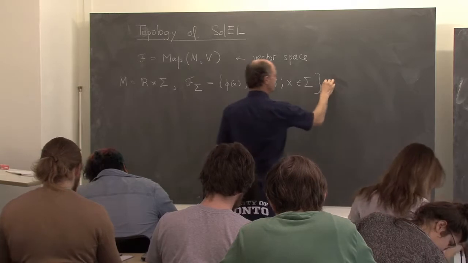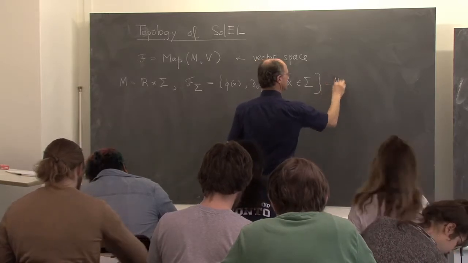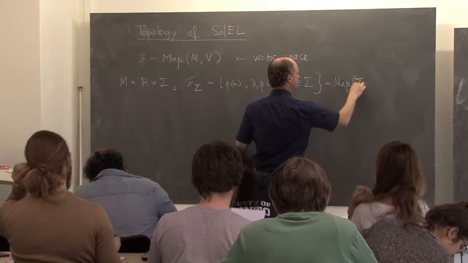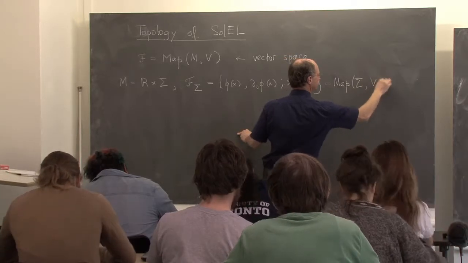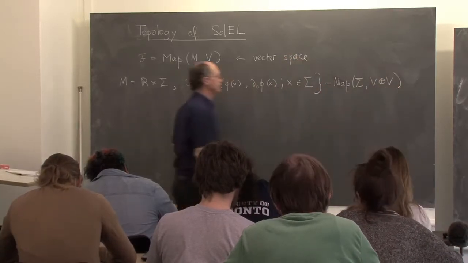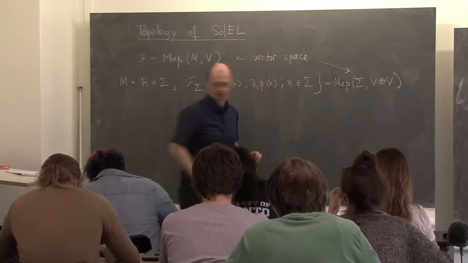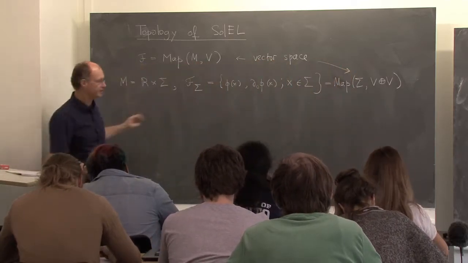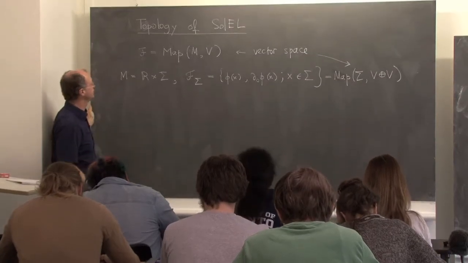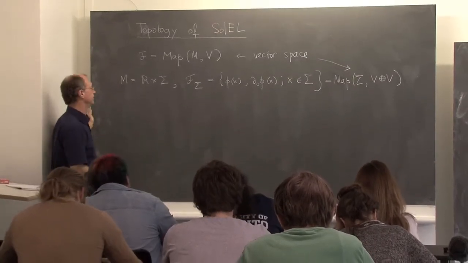You can also think that these are maps from sigma to V plus V. And this is also a vector space. So up to now, there is not that much topology in this theory.